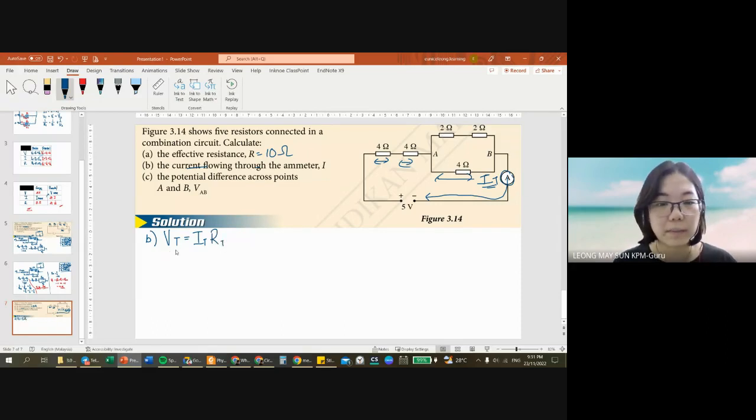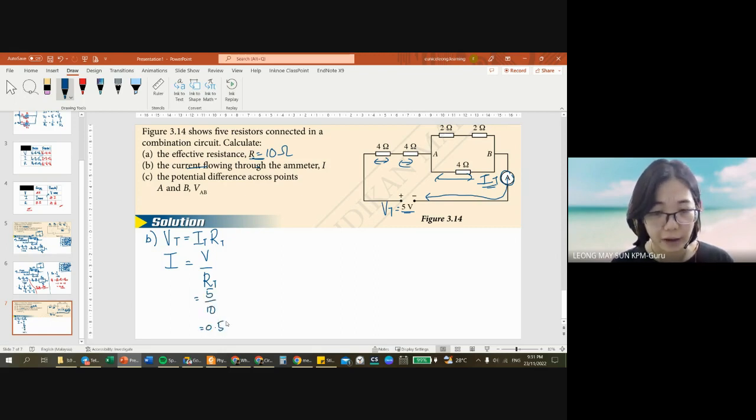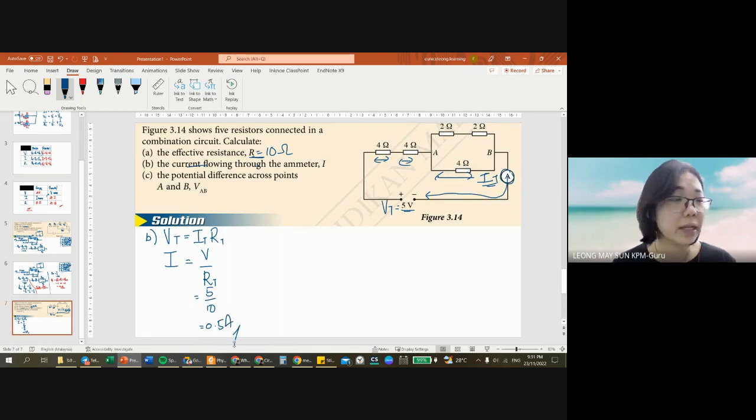V total is 5 volts, which is the battery. R total is the effective resistance. So the current passing through the ammeter is the battery value divided by the effective resistance we just calculated, 5 divided by 10, 0.5 ampere. So that's the current flowing through the ammeter.